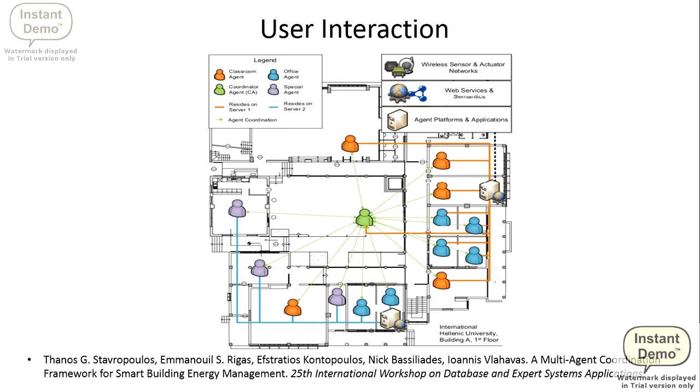So between 4 p.m. to 5 p.m. one agent is telling that the light switch will be turned on, and another agent is telling that the light switch will be turned off. So these are the defeasible rules.